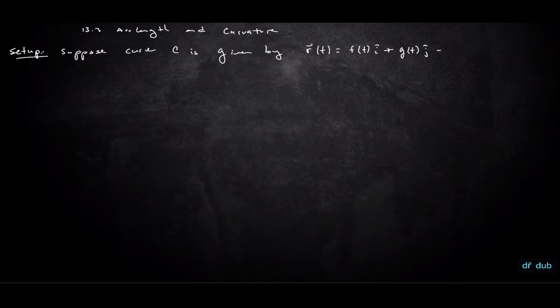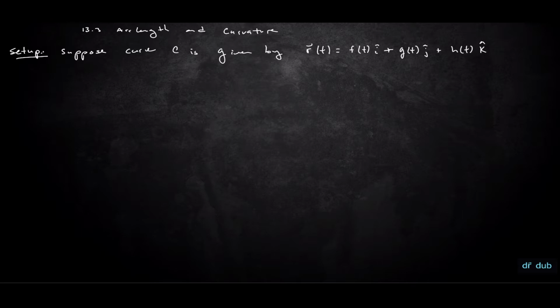So the setup really is to just say, suppose curve C is given by r of t equals f of t i hat plus g of t j hat plus h of t k hat.